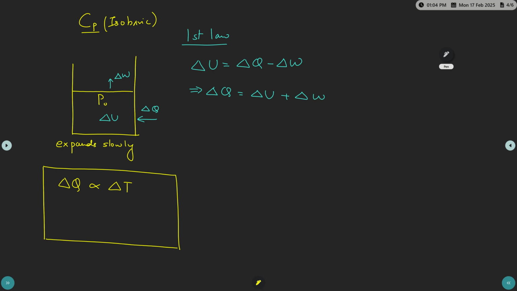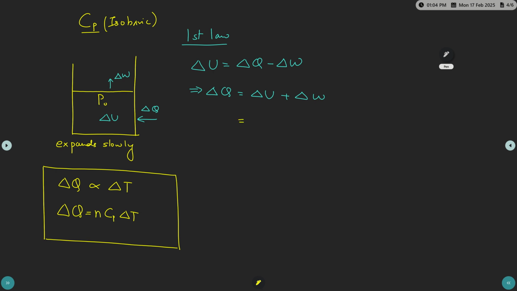So there will be a formula like this: n Cp delta T. Cp is the constant of proportionality.